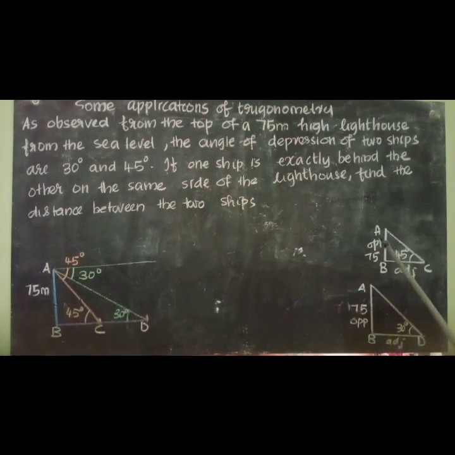The right triangles are triangle ABC with the acute angle 45 degree. AB is the opposite side, BC is the adjacent side. And the second one, triangle ABD with the acute angle 30 degree. AB is the opposite side, BD is the adjacent side.